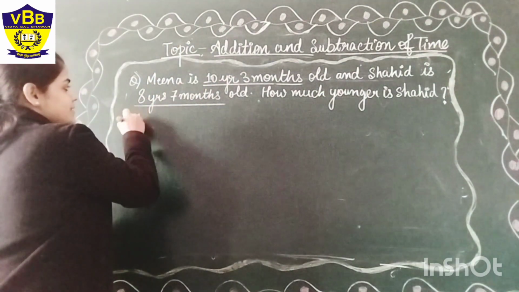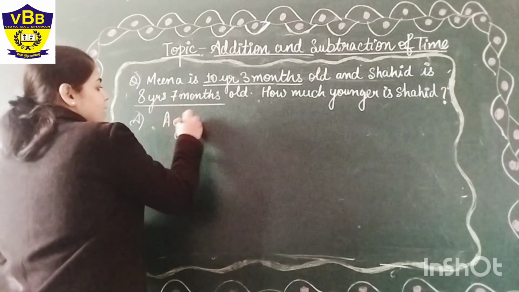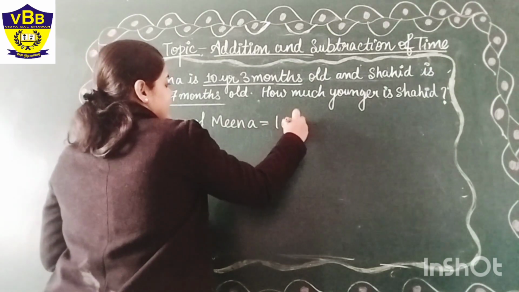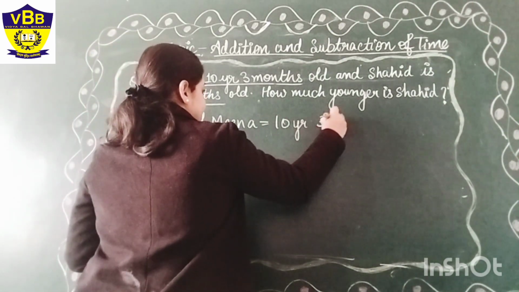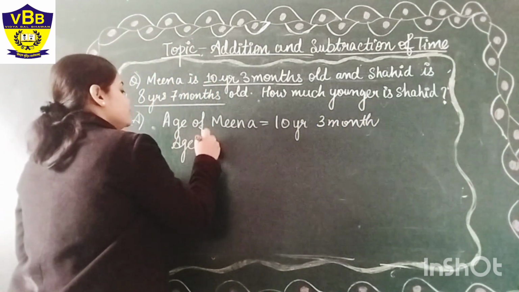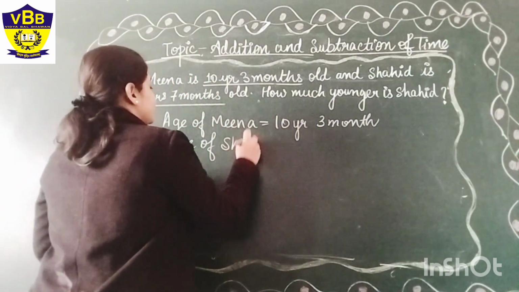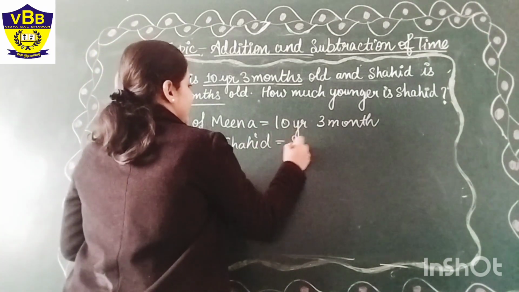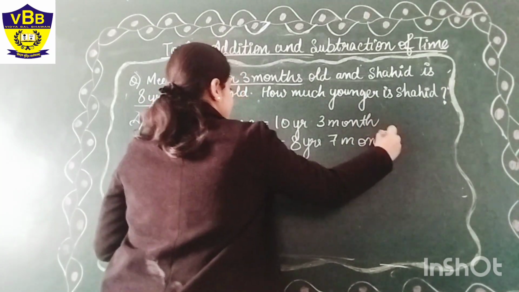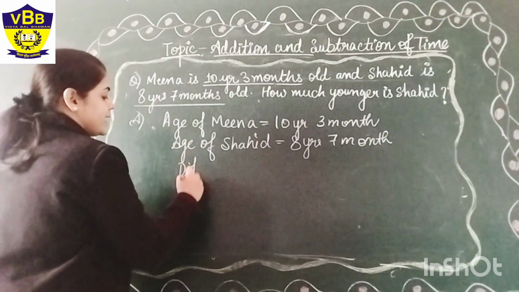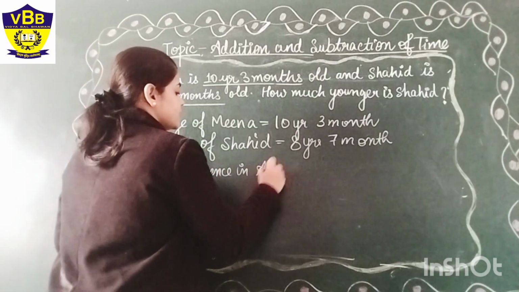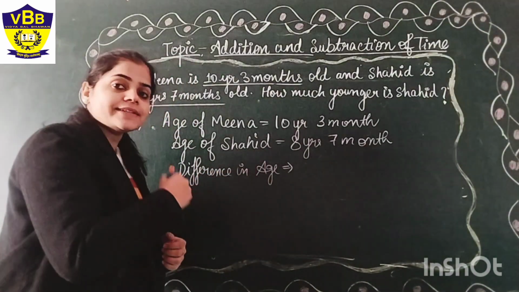Let us start our answer. Age of Meena. What is the age of Meena, beta? Age of Meena is 10 years and 3 months. And what is the age of Shahid? Age of Shahid is 8 years and 7 months. And what is the difference in age? Difference in age is, how to find the difference?